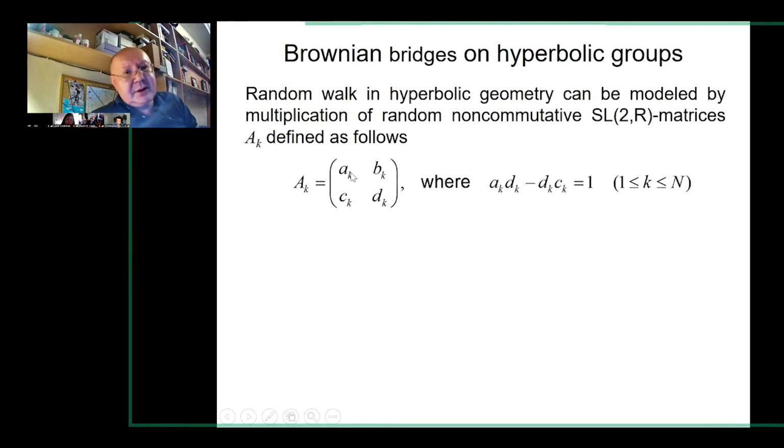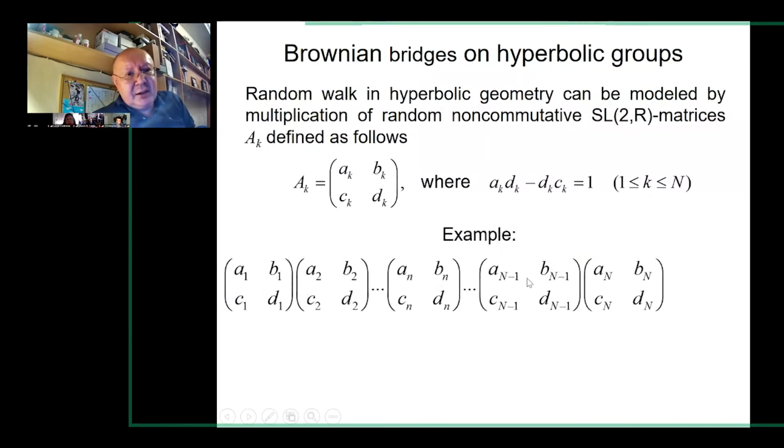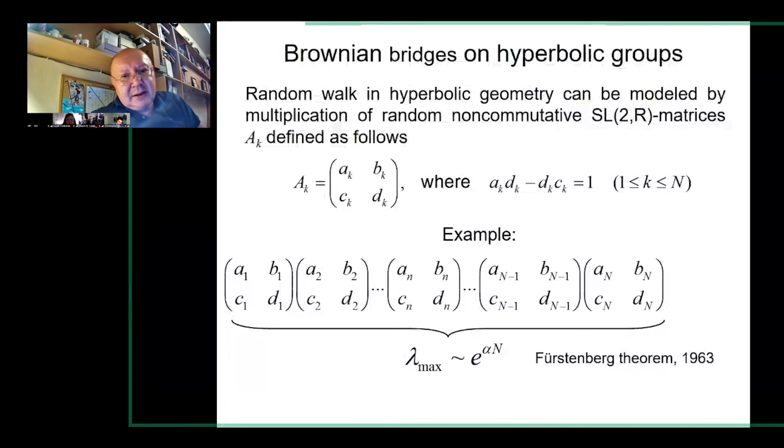So all three coefficients are independent, and then what I do, I can construct a chain or random walk or Markov chain as a product of these 2 by 2 matrices. I just sequentially multiply them. All of them are independent, and the standard famous answer since 1933 is the so-called Furstenberg Theorem, which tells us how the highest eigenvalue of this chain of 2 by 2 non-commutative matrices grows.